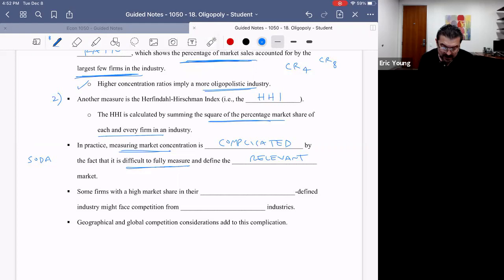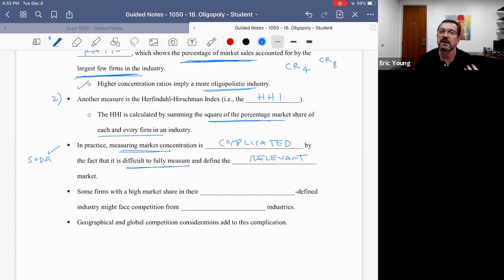So you might say, yes, soda with Coke and Pepsi is a massive oligopoly in the soda industry. But if you take the broader market of, let's say, soft drinks or non-alcoholic drinks, and you add in water and tea and coffee and juices and these other things, all of a sudden, as you change the definition of the market, you change the underlying concentration.